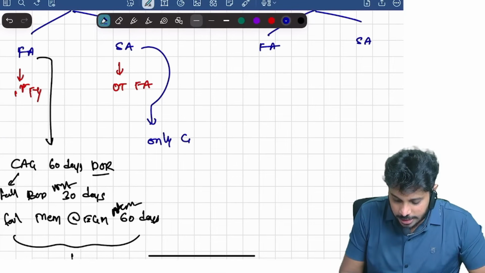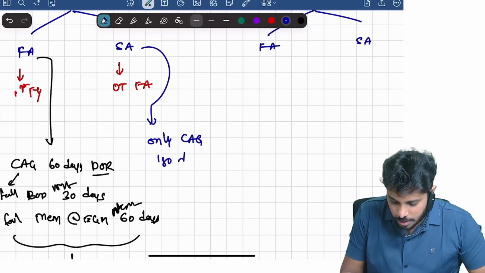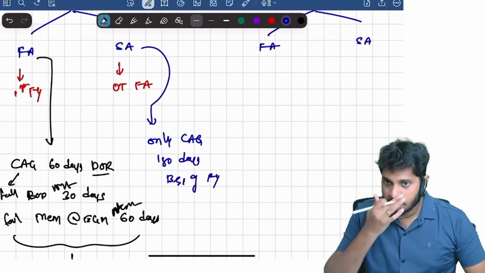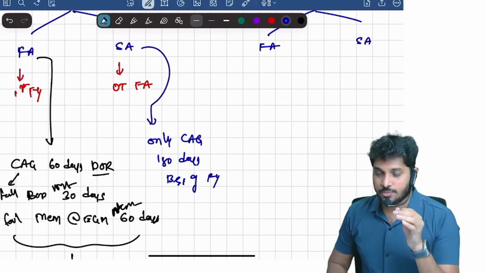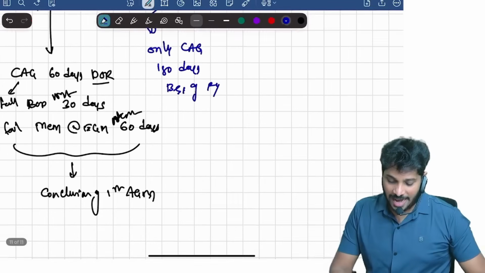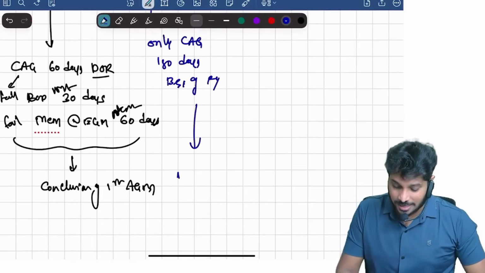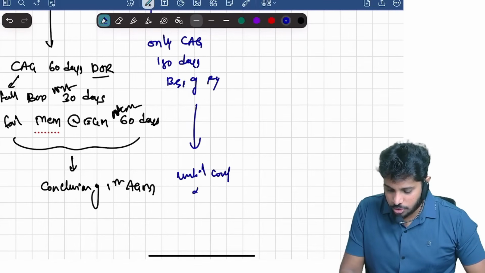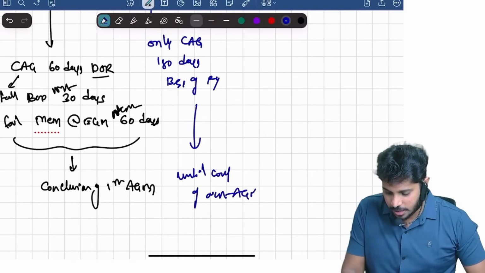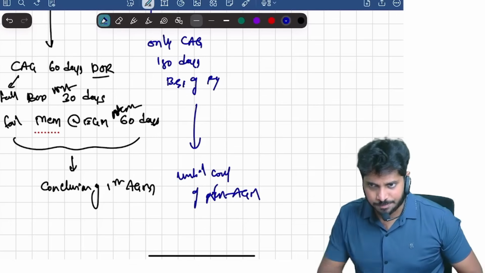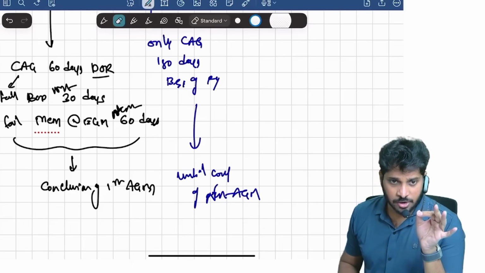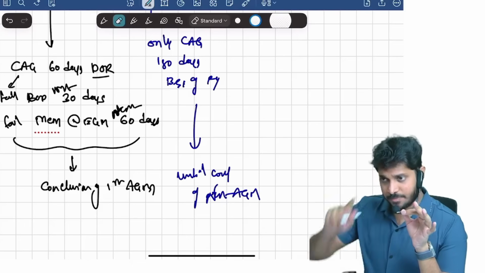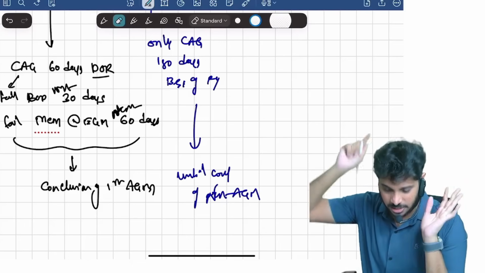Only C&AG can appoint the subsequent auditor, within 180 days from the commencement of the financial year, and his appointment is also valid until the conclusion of the next AGM. Are you clear?